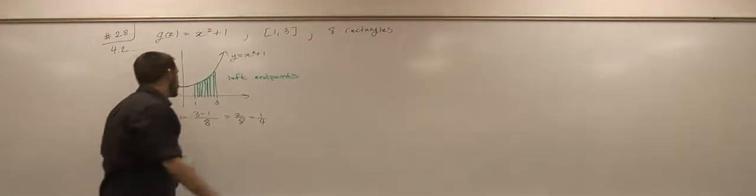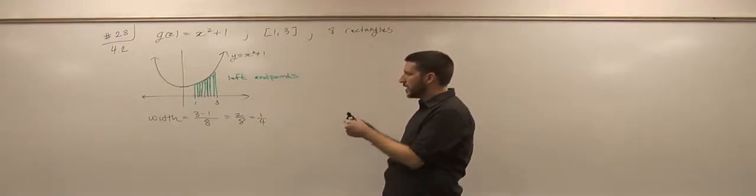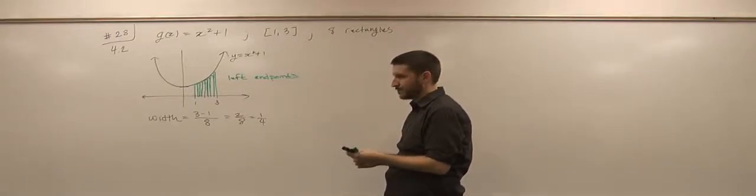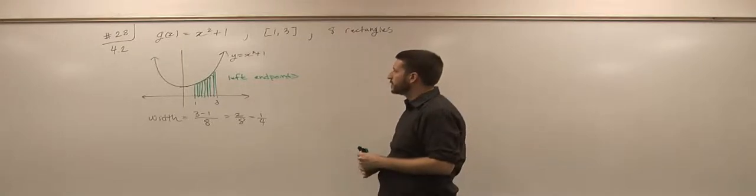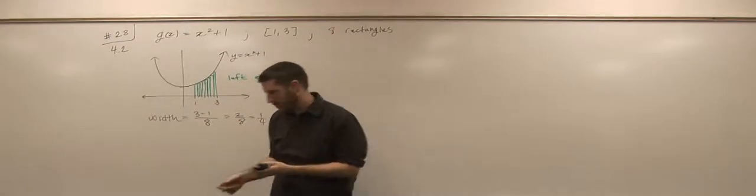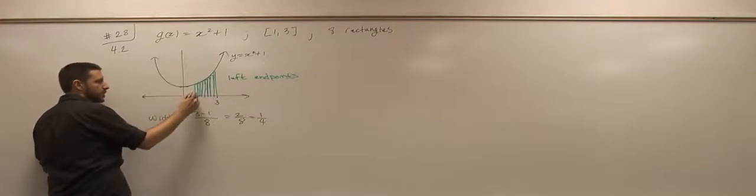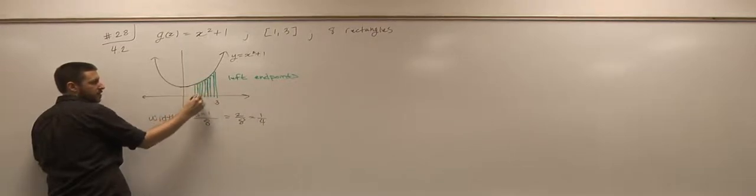So then, for the height of the rectangles, what are you going to plug into the function? Are you going to plug in 1/4? No. First you plug in 1, and then what do you plug in after that? 1 plus 1/4, right?